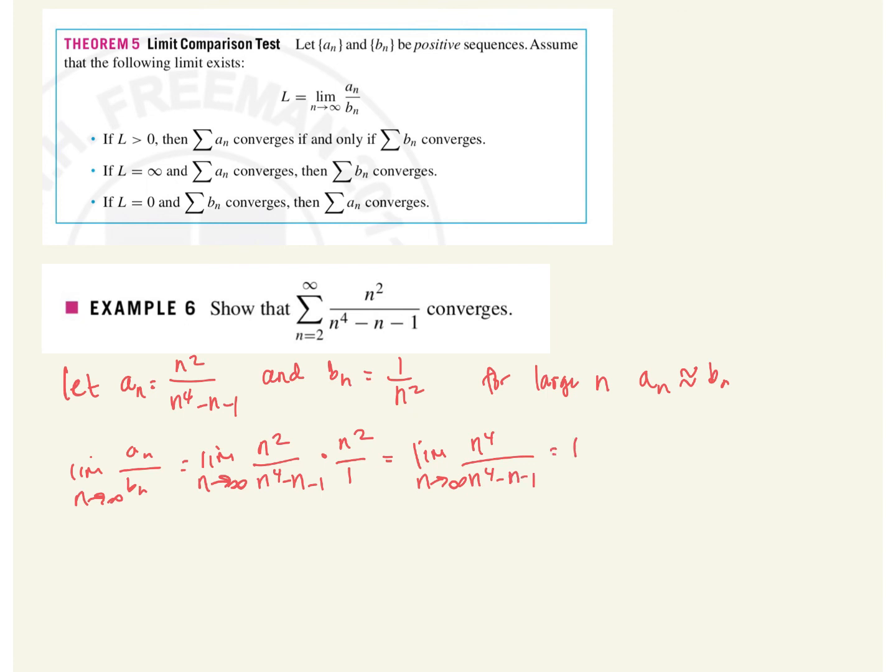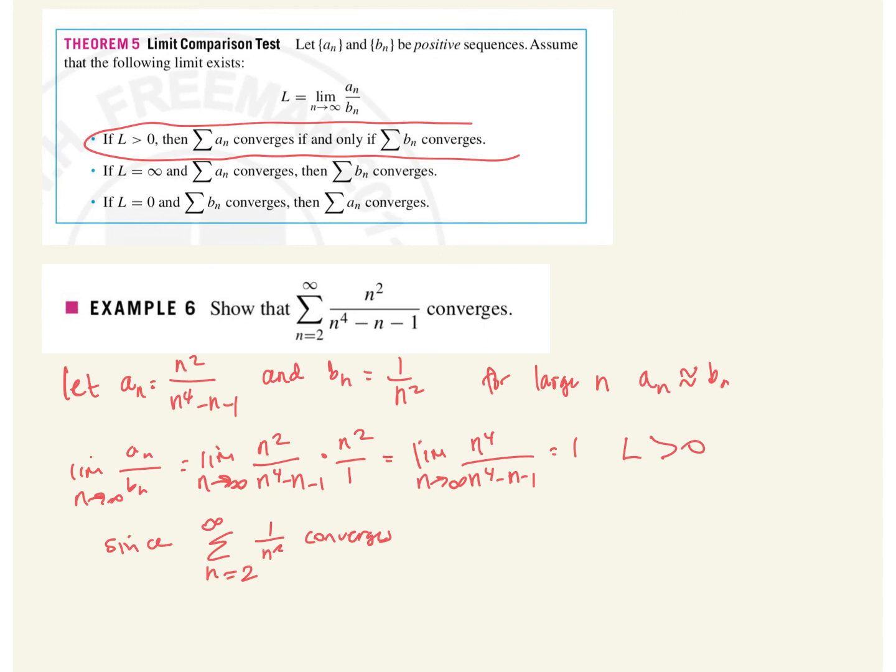And this limit is equal to 1. L is greater than 0. And therefore, since 1 over n squared converges, we're following this one here, then a sub n also converges.